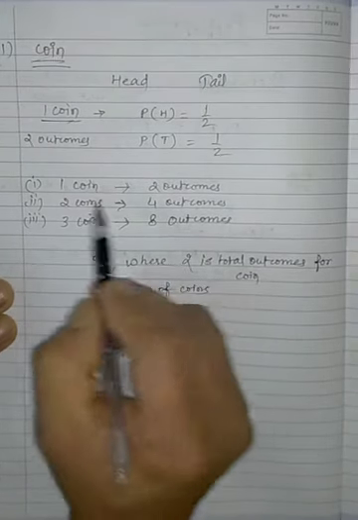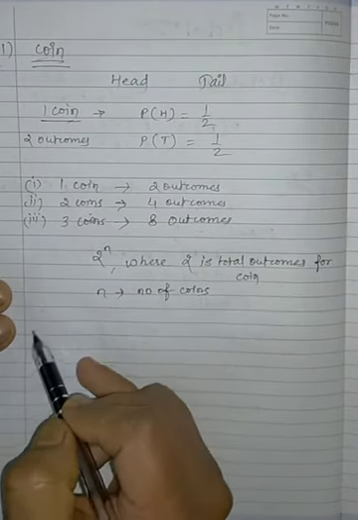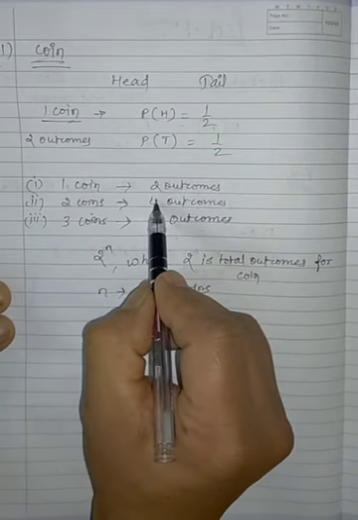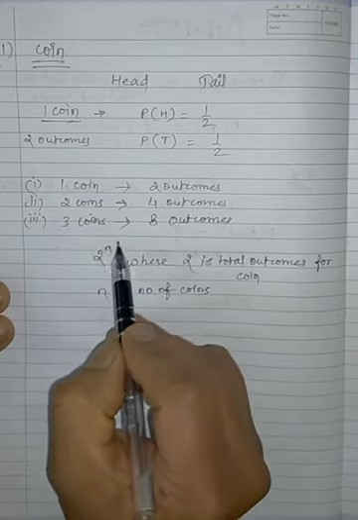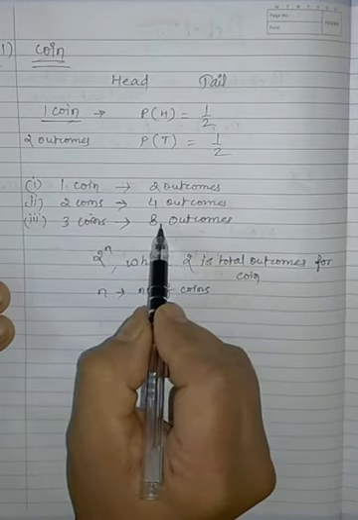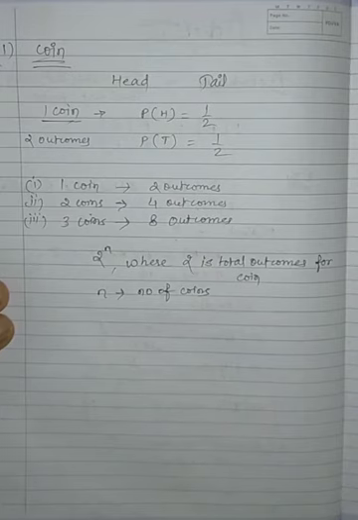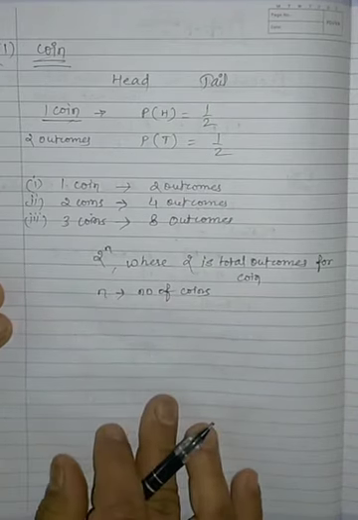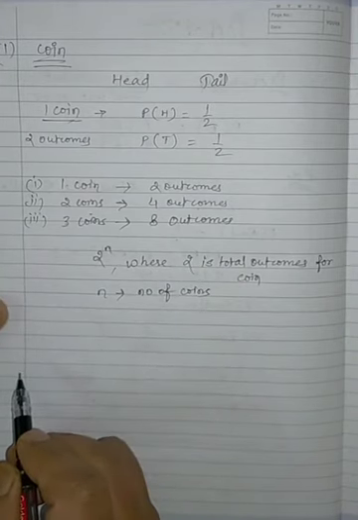This means that if we have one coin, it is 2 raised to the power 1, which is equal to 2. If we have two coins, then it is 2 raised to the power 2, which is equal to 4. If we have three coins, then it is 2 raised to the power 3, which is 2 into 2 into 2, that is 8. So in this way, we can find the total outcomes using the formula 2 raised to the power n, only for the coin.